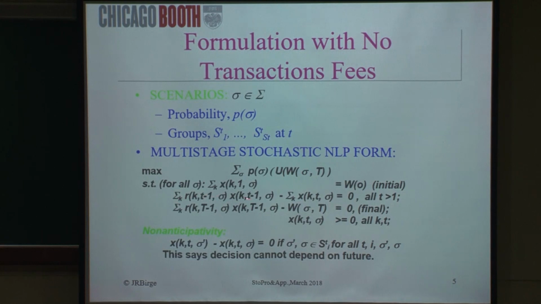So I have the return and how much I had invested, and I get to reinvest in the assets for the next time period. If t is 2, then this is what I had invested at time 1, what my return was in time 1, and then I reinvest that at time 2. And that depends on the sigma.